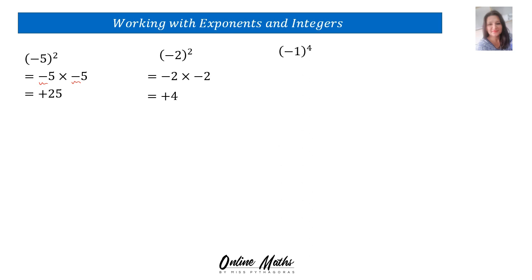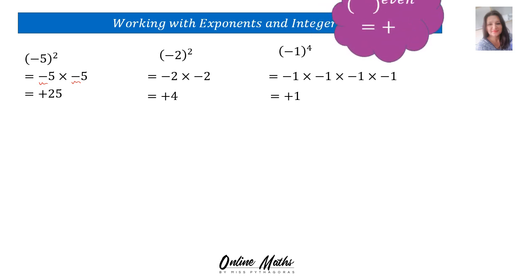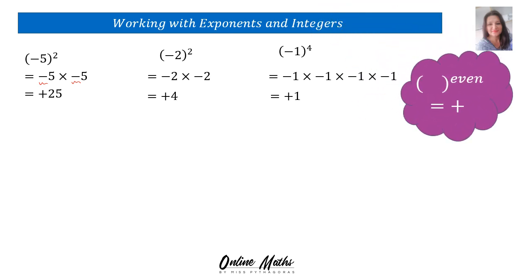-1 to the power of 4 means -1 times -1 times -1 times -1, which is going to be plus 1. So what can you see? Whenever your exponent is an even number, your answer will be positive.